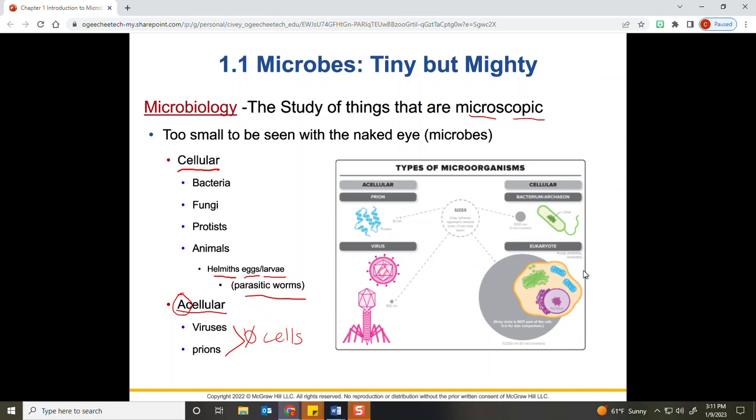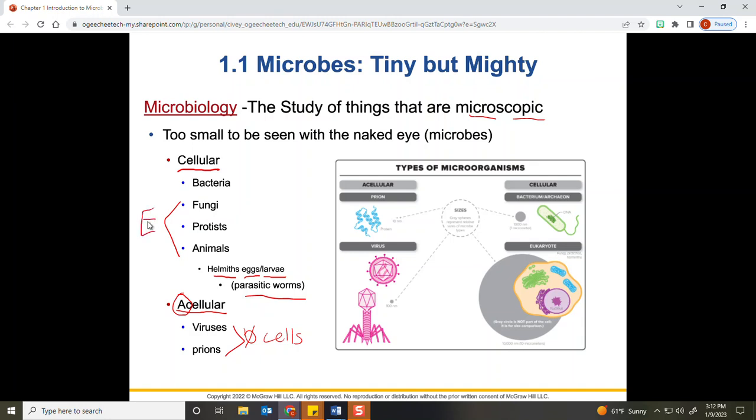So this picture here comes from our text. It lists out the various microorganisms that we have discussed in this list here and describes them as either acellular or cellular. So as we can see, viruses and prions in my list here are acellular. And the cellular organisms include things like bacteria and eukaryotes. The following, fungi through animals, are eukaryotes.